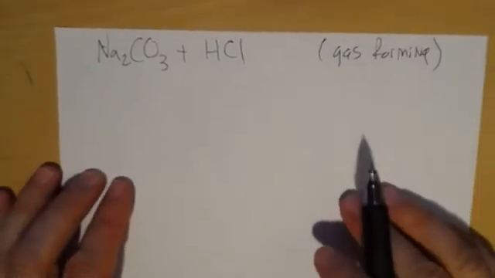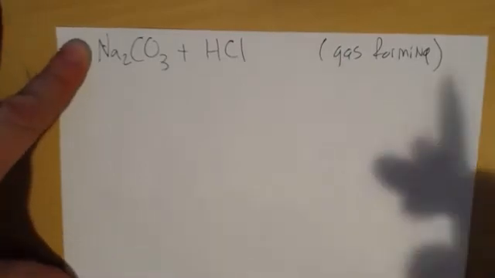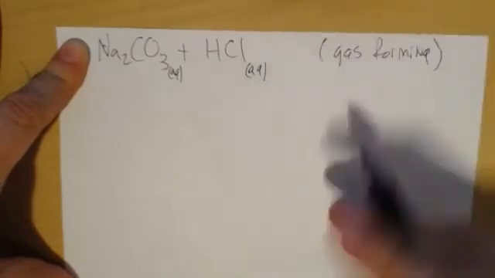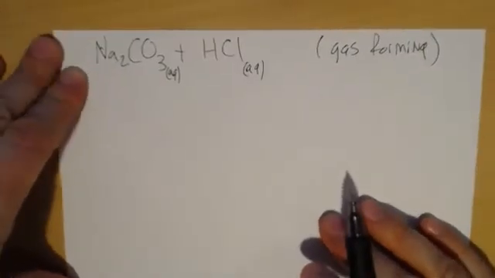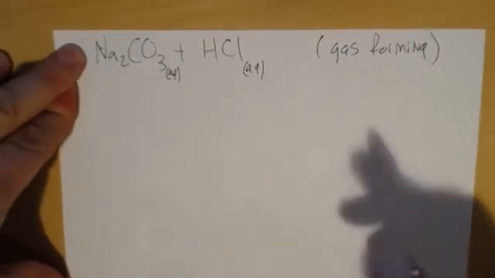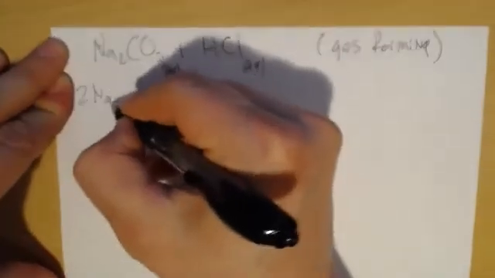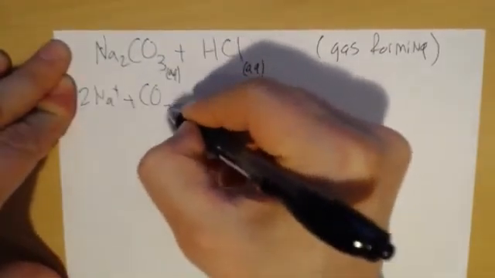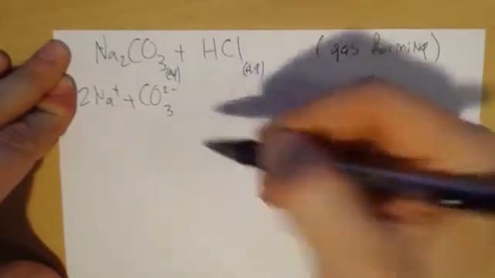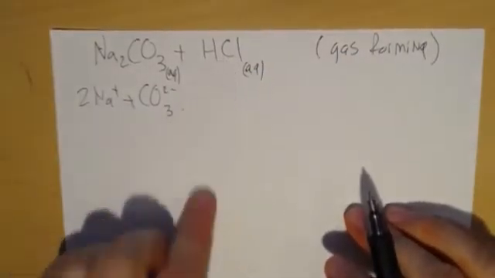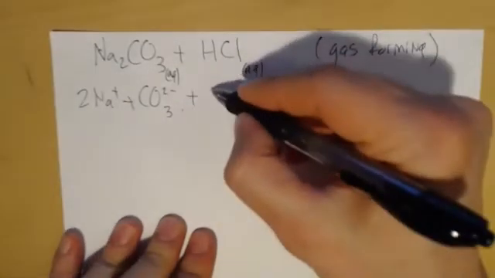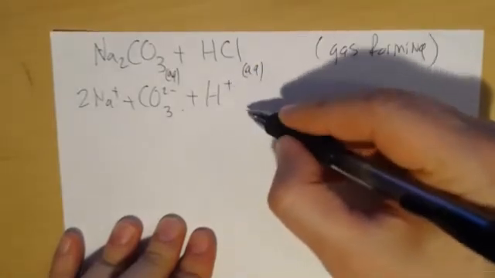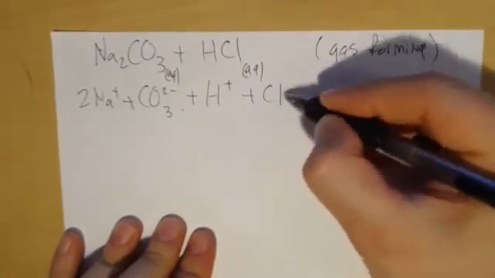But let's write it as ions. Sodium's always soluble. Acids are always soluble. So I can write this as 2 sodium pluses, and carbonate is 2 minus. And the HCl will break apart into hydrogen ion and chloride ion.